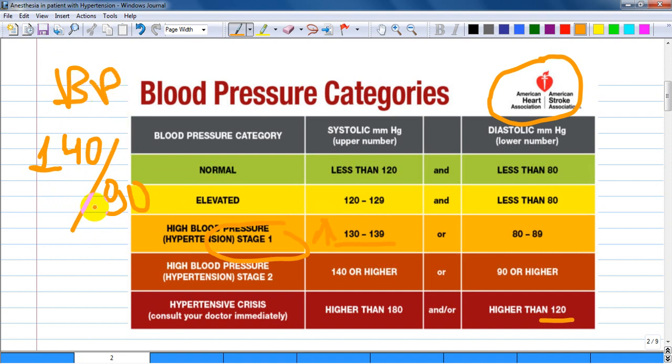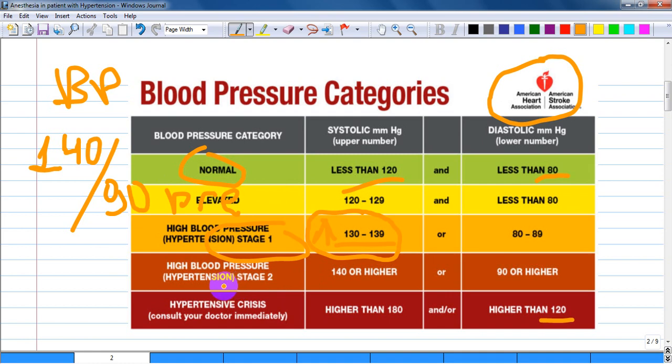The American guidelines lower the threshold to define hypertension in order to detect an early stage of the disease and start treatment as soon as possible. The normal range is less than 120 per 80, and above this is called pre-hypertension or elevated.